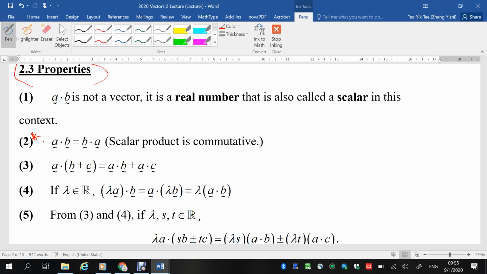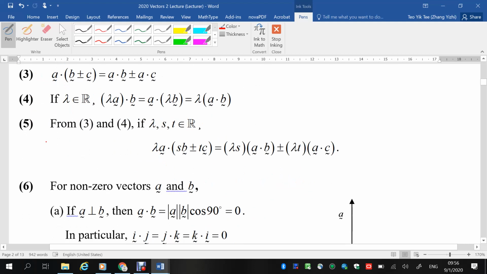That's why it's called the dot product or scalar product. In chapter 3, you have another product, called the vector product or cross product. That's when things start to go a little bit blurry. So A dot B, vector dot vector, produces a number, a scalar. Okay, and then this one is important.